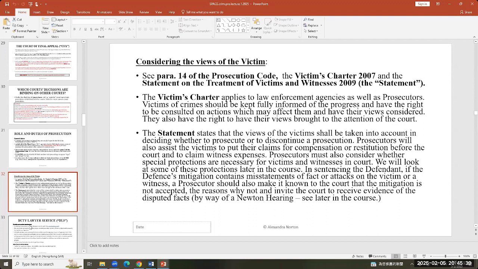And they should also have their views brought to the attention of the court. For example, if they have decided to forgive the defendant for the crime that he has admitted he committed, then that can actually be put before the court and is actually a very valuable mitigating factor from the defense perspective.